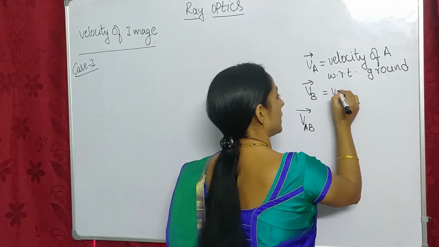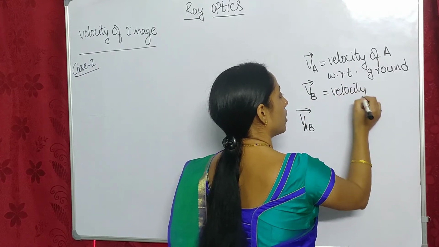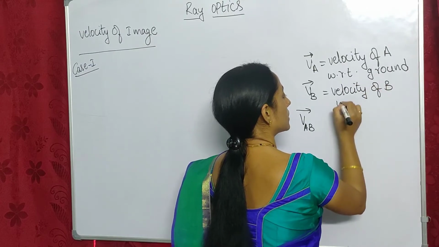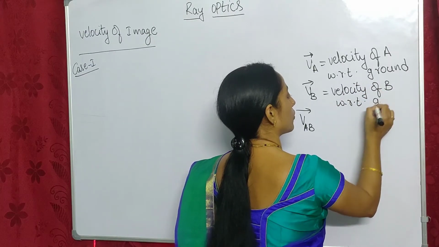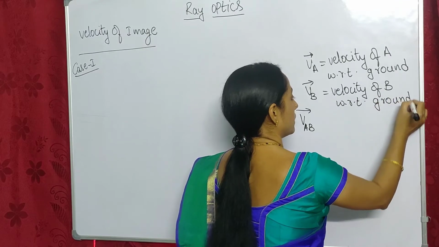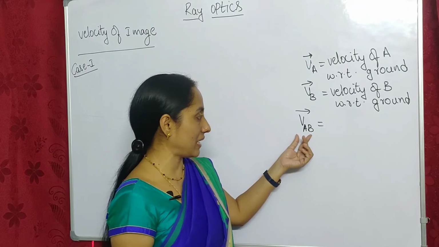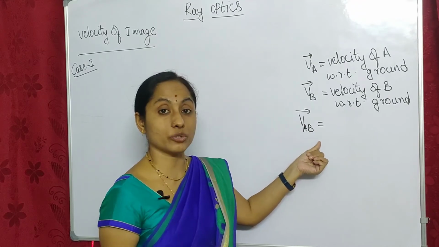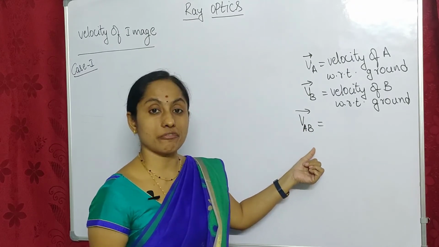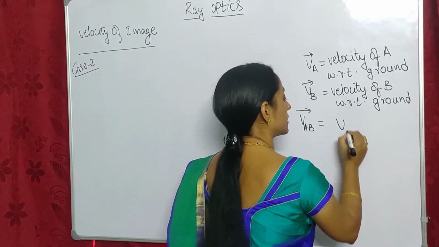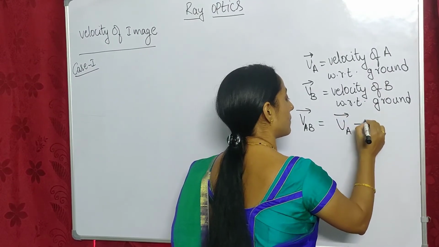Similarly, VB is the velocity of B with respect to ground. Then what is VAB? VAB is the velocity of A with respect to B, which is written as VA bar minus VB bar.